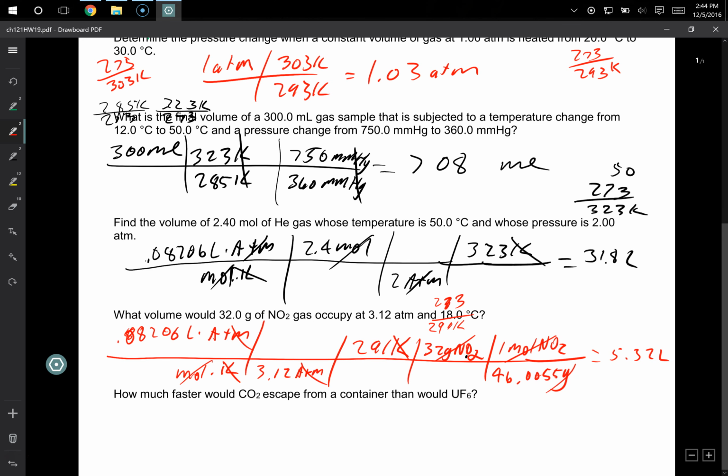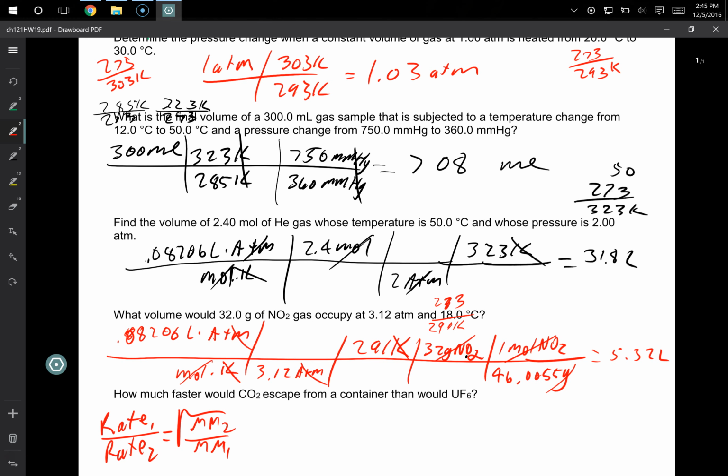And then the last one down here is how much faster would CO2 escape from a container than UF6? All right, so the equation is rate 1 over rate 2 equals the square root of molar mass 2 divided by molar mass 1. I'm going to put the smaller one as rate 1, so that'll be the CO2.